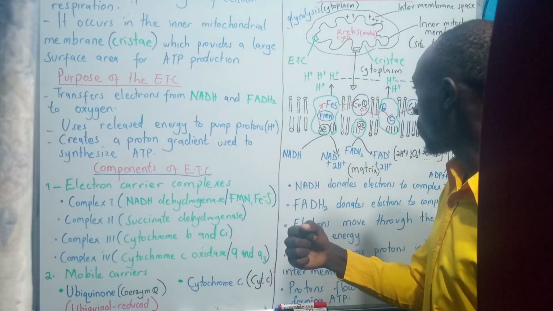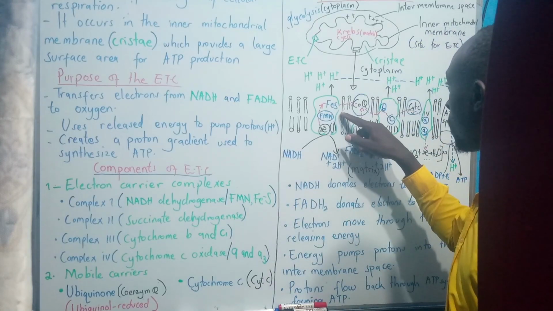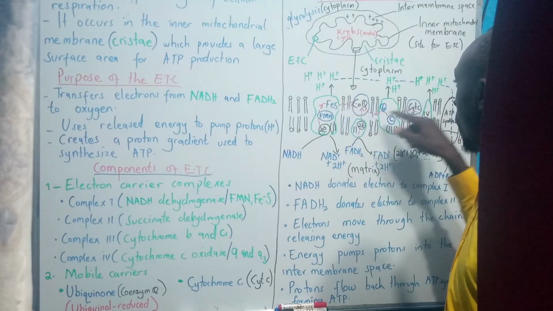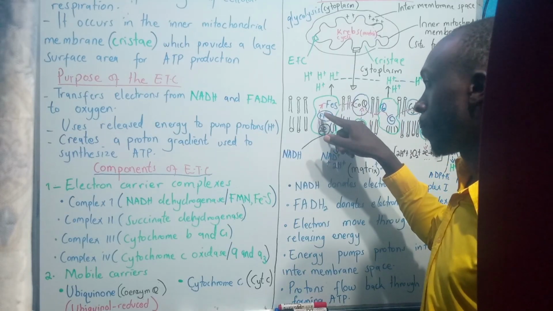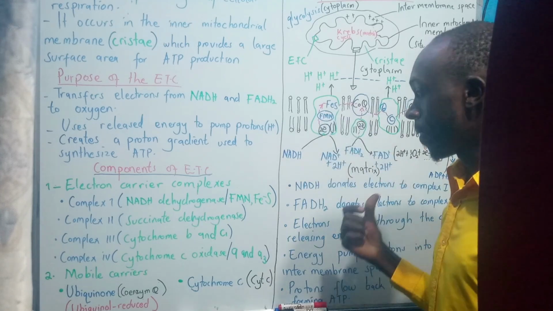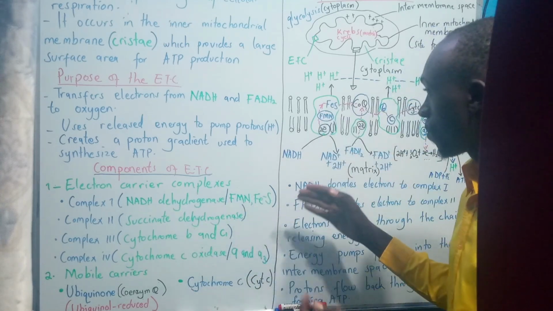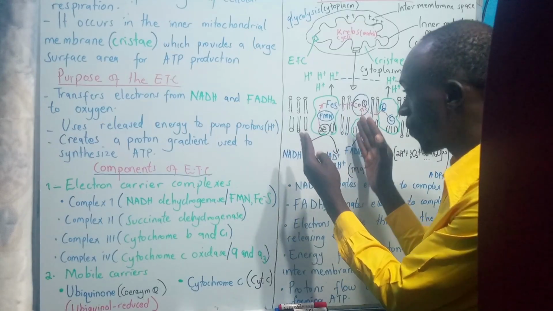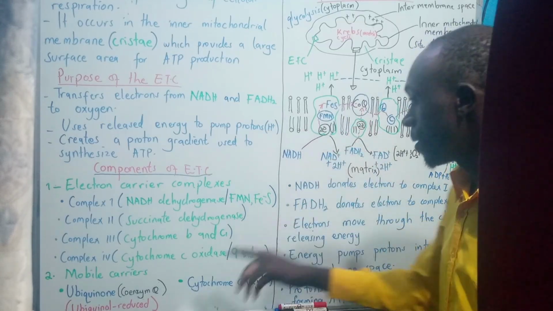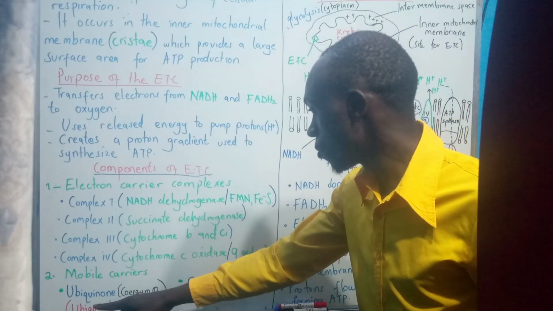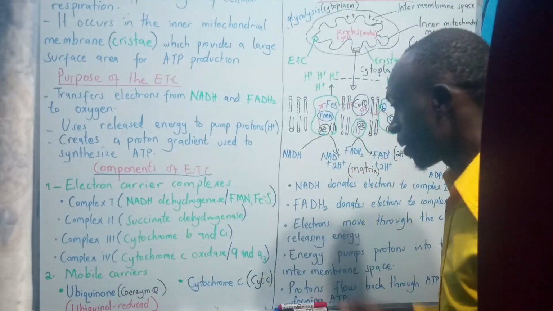The mobile carrier is capable of moving or crossing the phospholipid bilayer, from one electron carrier to another. So these electron carrier complexes may be fixed in one position, but the mobile carriers are going to move with the electrons.